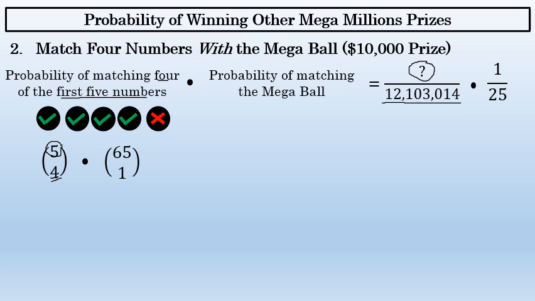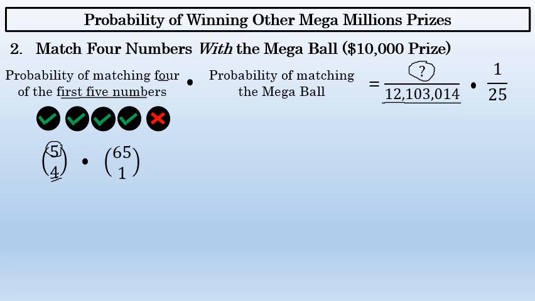Of the 70 total numbers that are drawn first, 5 are winners and 65 are losers. How many ways can you draw 1 losing number from the remaining 65? Well, there are 65 ways. Writing this as a combination will be 65 choose 1.